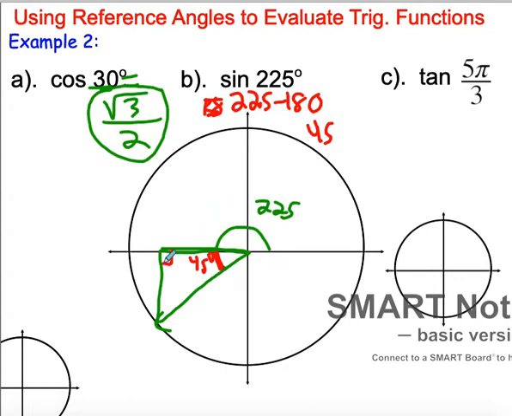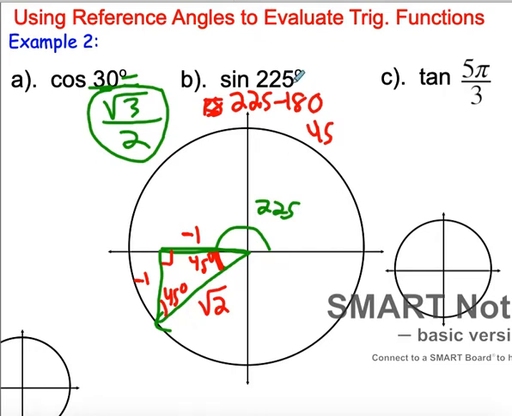Well, we know this is going to be 90, so this has to be 45 degrees. Well, our side lengths have to be 1, 1, square root of 2, right? However, if you're thinking of this on an XY graph, if you go to the left one, our X value is negative. If you go down one, your Y is negative. So it's actually a negative 1 and a negative 1.